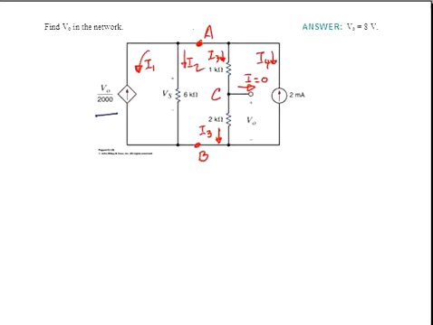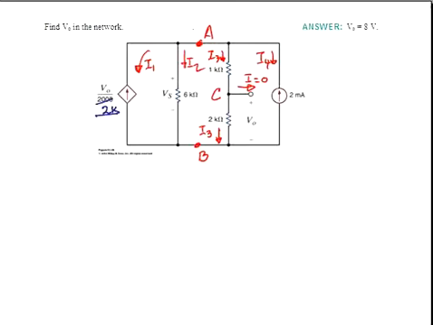Since that's a current, the units of the 2000 will be ohms, and in order to be consistent throughout the circuit, it would probably be wise to make this a 2K in that denominator rather than 2000, so that we have the same units of kiloohms around the circuit.